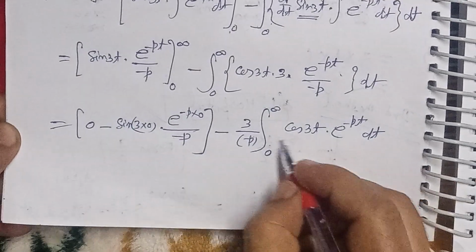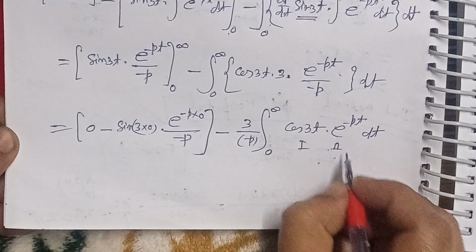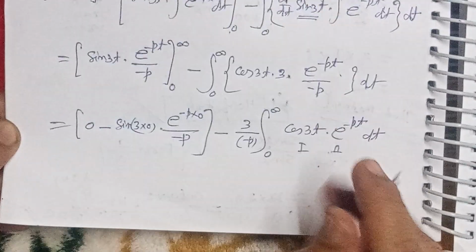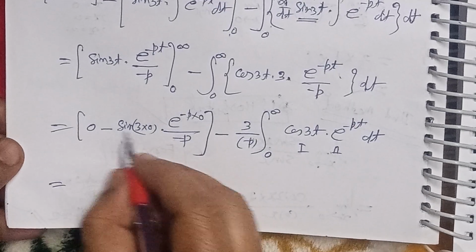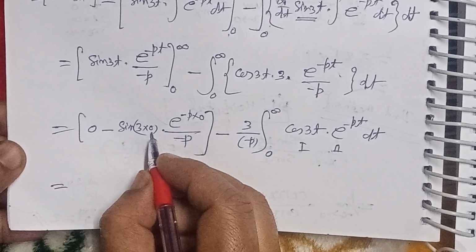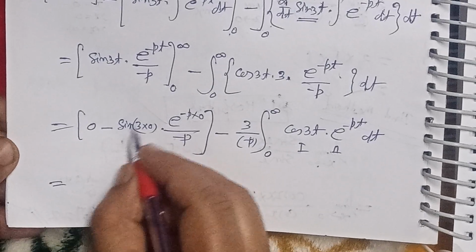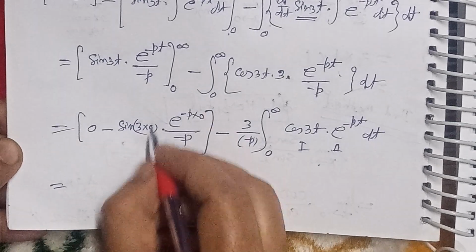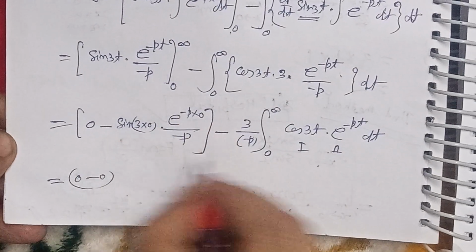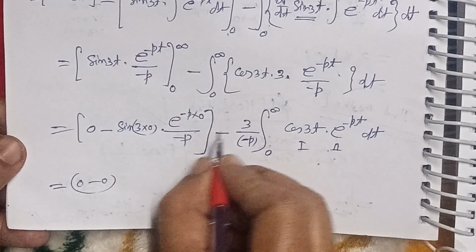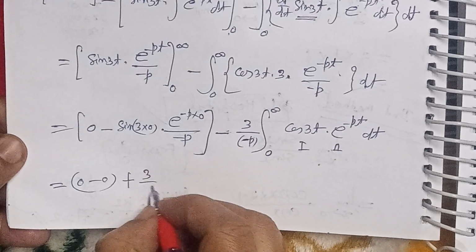I consider cos 3t as first function and this value as second function, and apply the same formula. Again we get the value: 3 into 0 is 0, and sin 0 is 0, so it becomes 0. 0 multiplied by this value becomes 0, so 0 minus 0. This minus sign makes the minus positive, so it becomes 3 upon p.